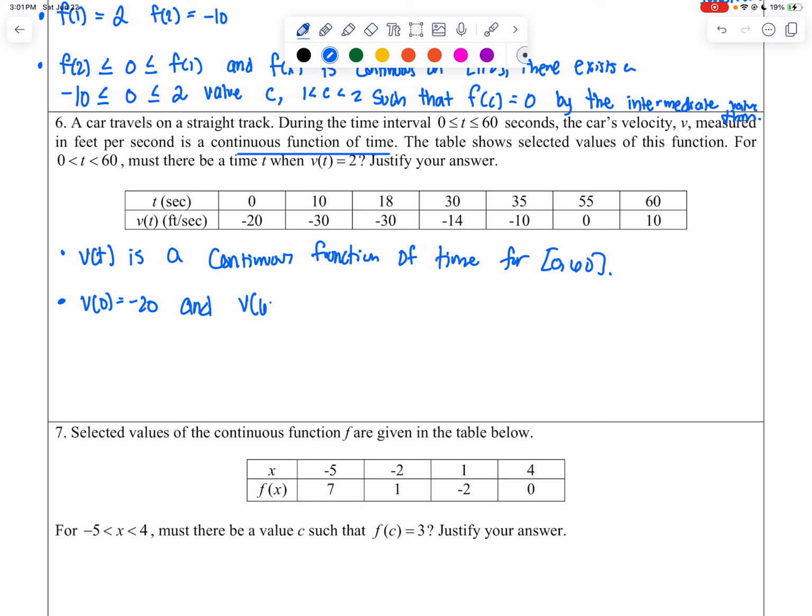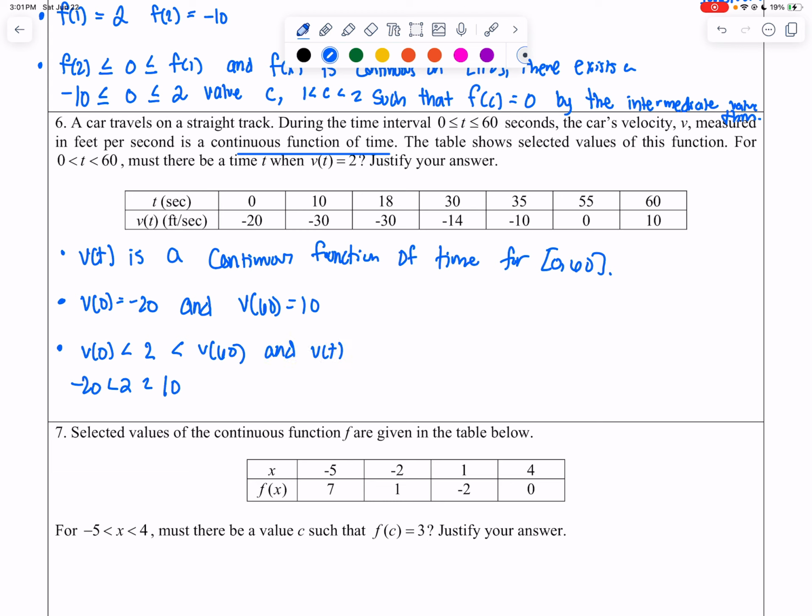And 60, that's going to be 10. Once we get those values, we know that 2 is definitely going to be between negative 20 and 10. So I'm going to write that inequality and say that v of 0 is less than or equal to 2, which is less than v of 60, because negative 20 is less than 2, which is less than 10.